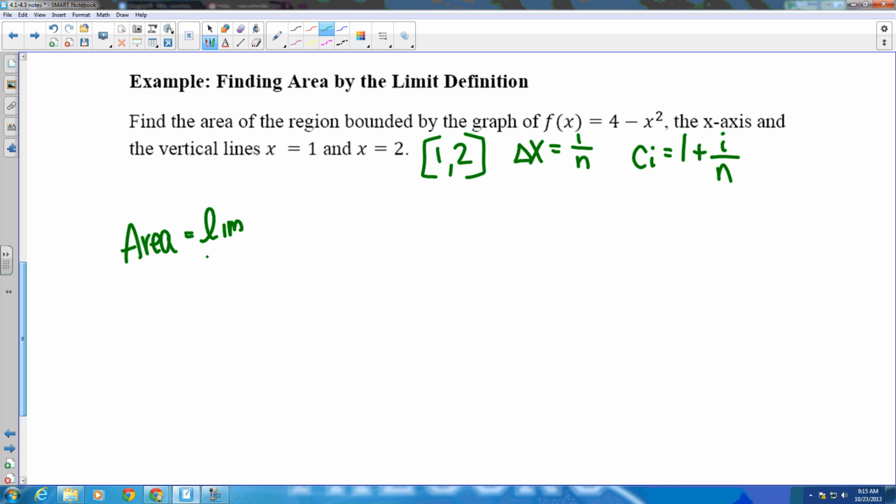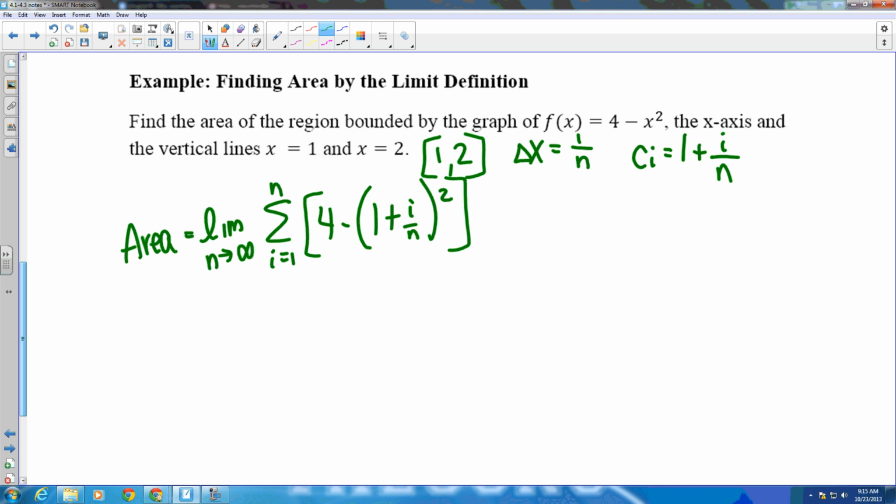The limit as n approaches infinity, which I'm just going to write this first time, of the sum from i equals 1 to n of f of c_i. So we're going to put c_i into our function f, which would be 4 minus 1 plus i over n quantity squared, whole thing times 1 over n.